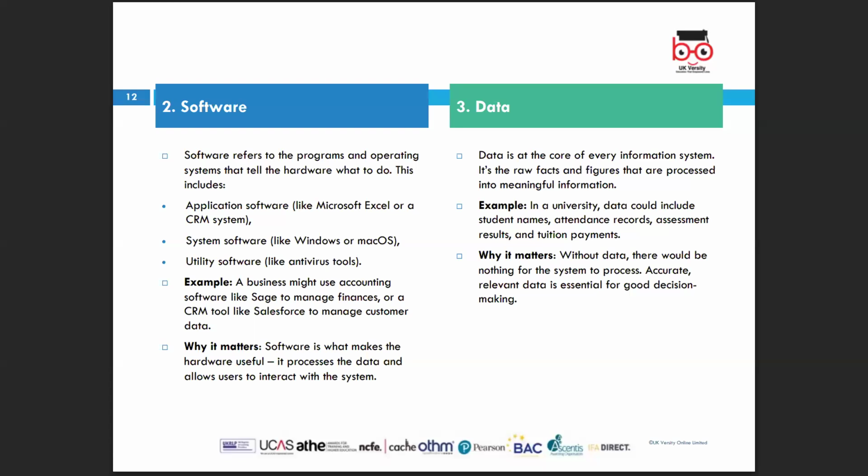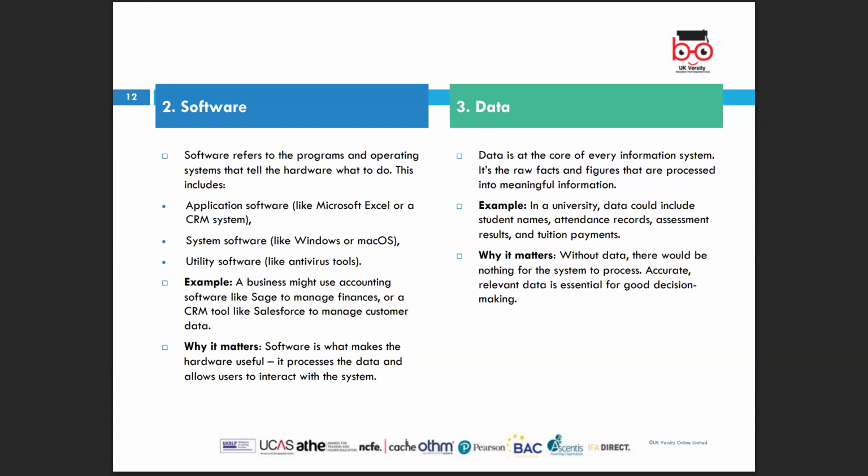Then we have software. This is a very important component, where software refers to the programs and operating systems that tell the hardware what to do. We have application software like Microsoft Excel or CRM systems. For system software, we have operating systems such as Windows, macOS or Linux, and utility software like antivirus software, VPN, and so on.